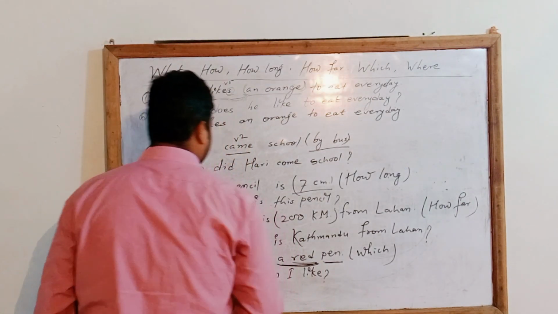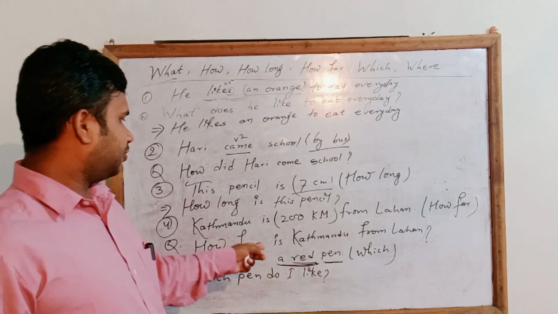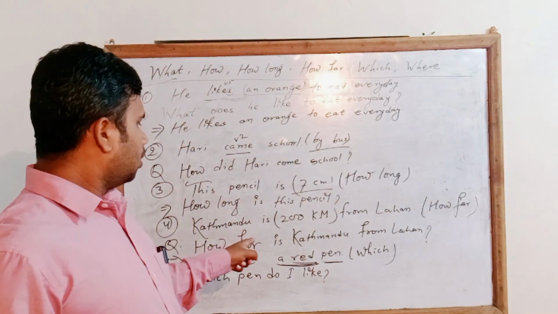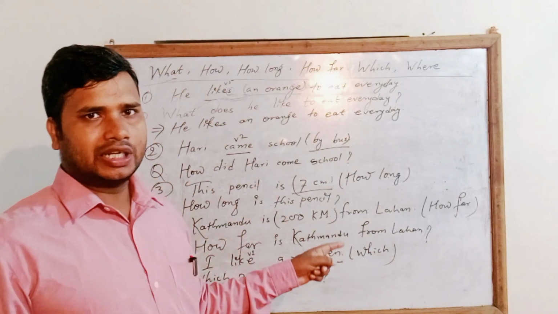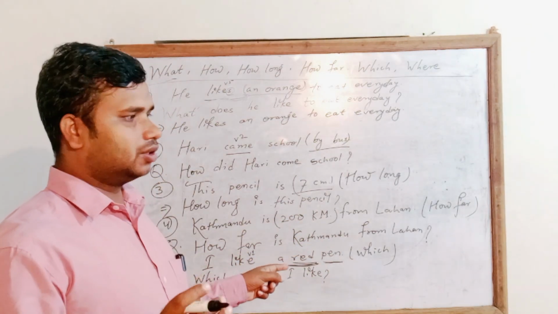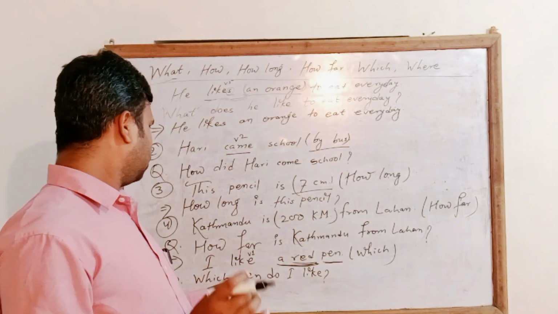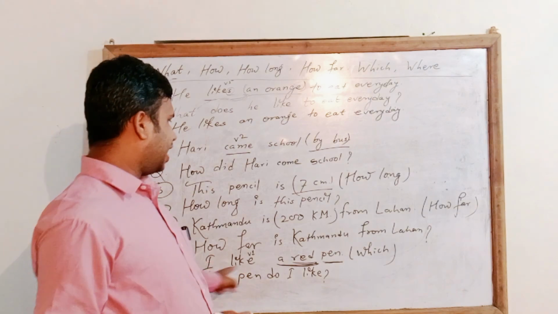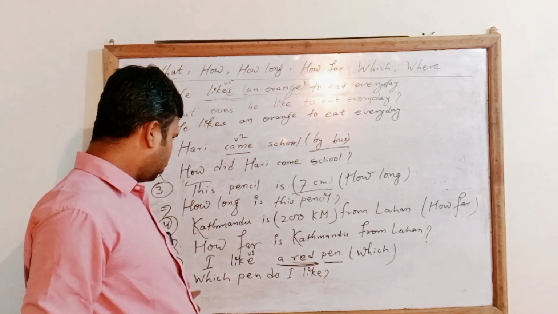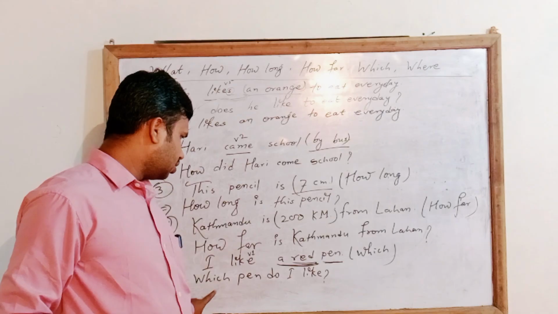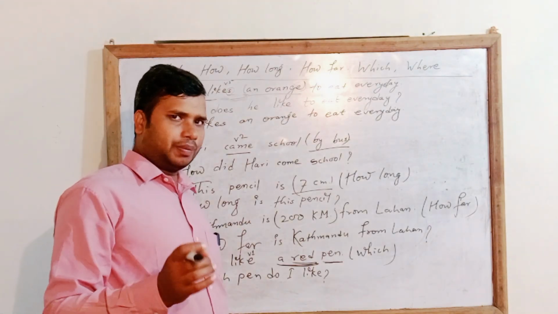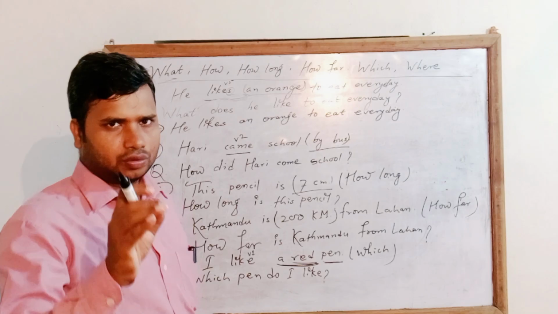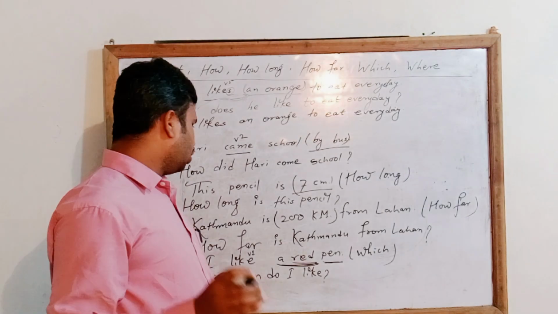Okay, chosen. This means chosen, selected. That means which questions indicates thing which is chosen. So my dear students, here I like a red pen. So question has given which pen do I like? Understood? And if this question goes to you, then here would be which question.